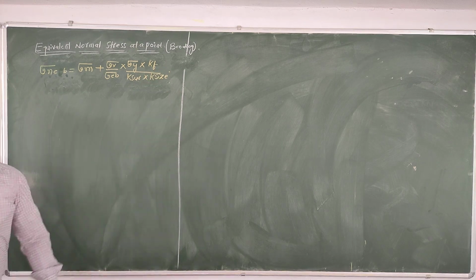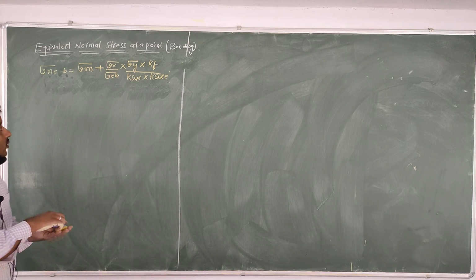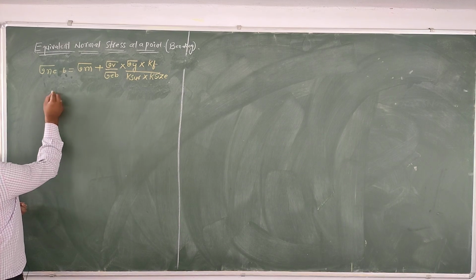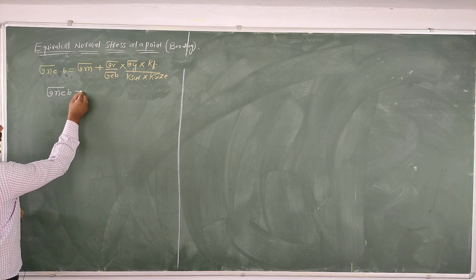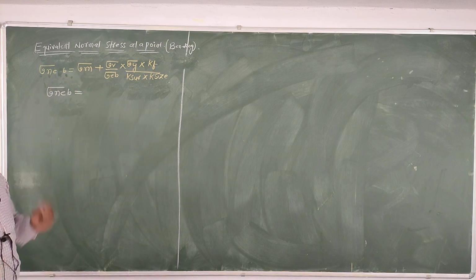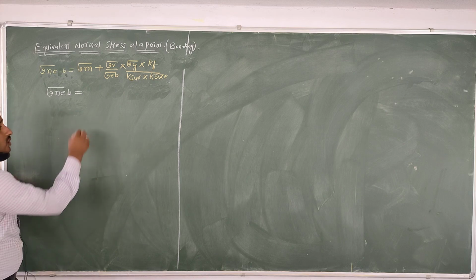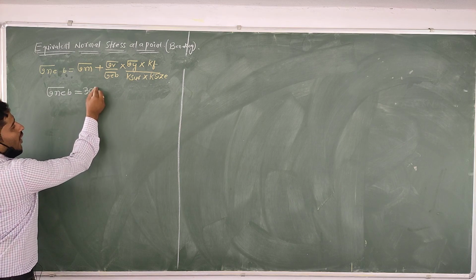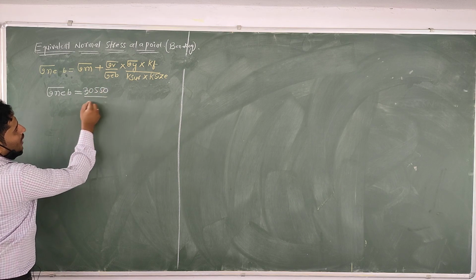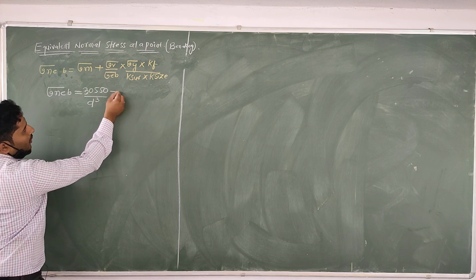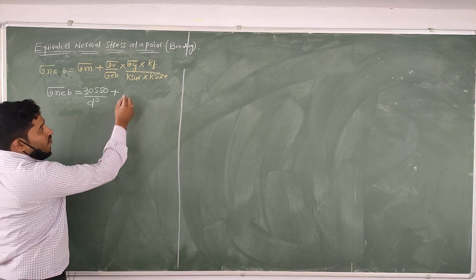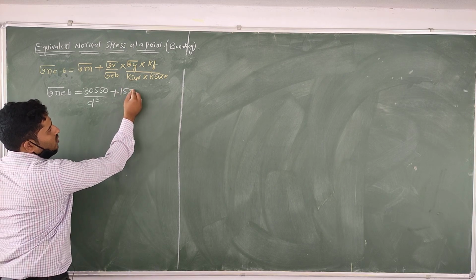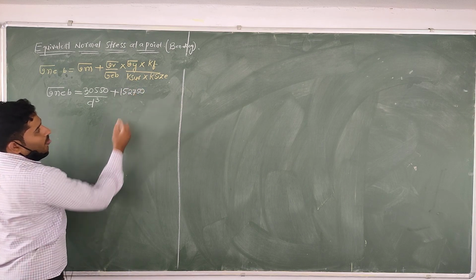Okay dear. Then sigma neb equal to sigma m value, how much is that here? 30550 by d cube, plus sigma v value. Sigma v value is 15250, is it right?